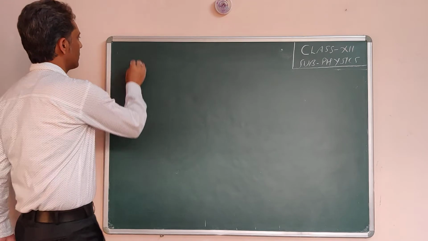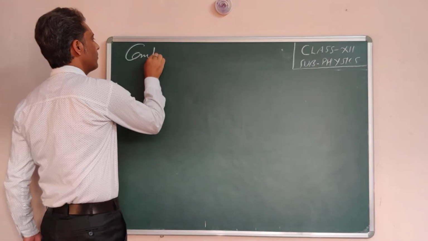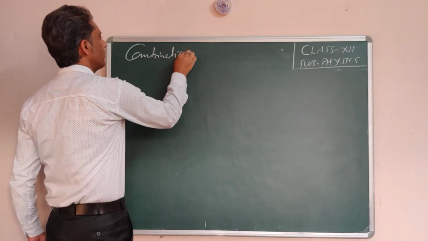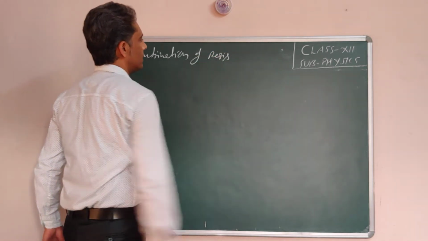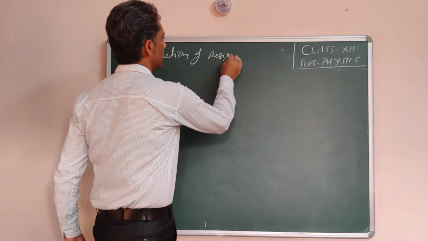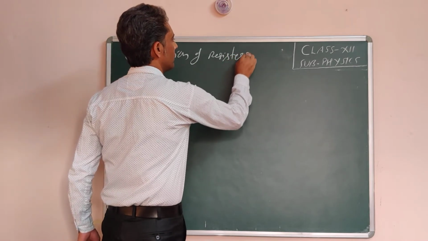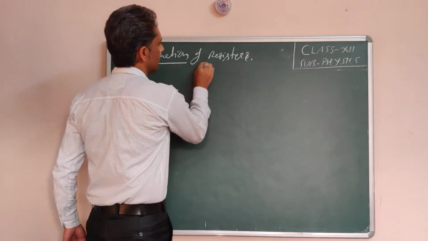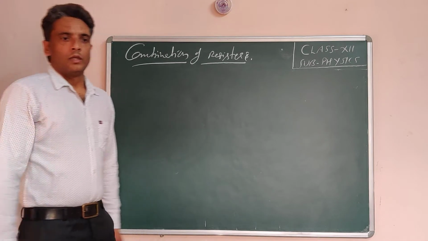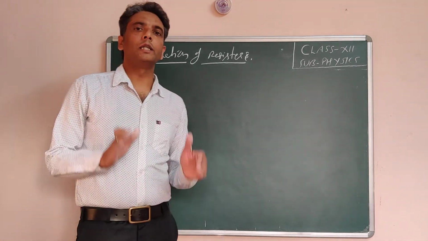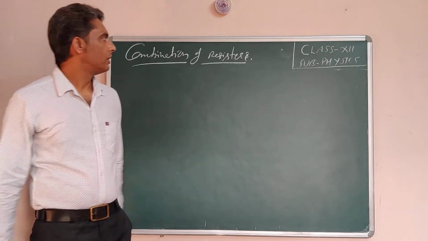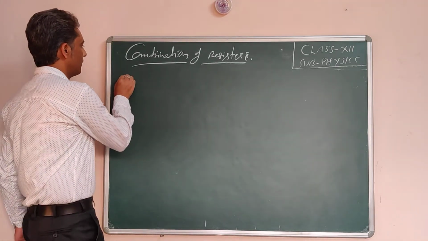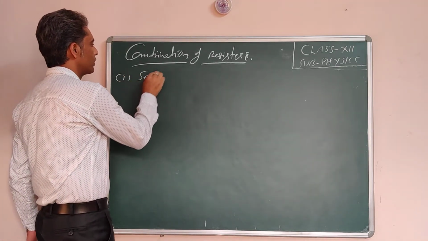Combination of resistors. This you have already studied in class 10th. So resistors can be combined in series, in parallel, or in mixed combination. So first we discuss series combination.